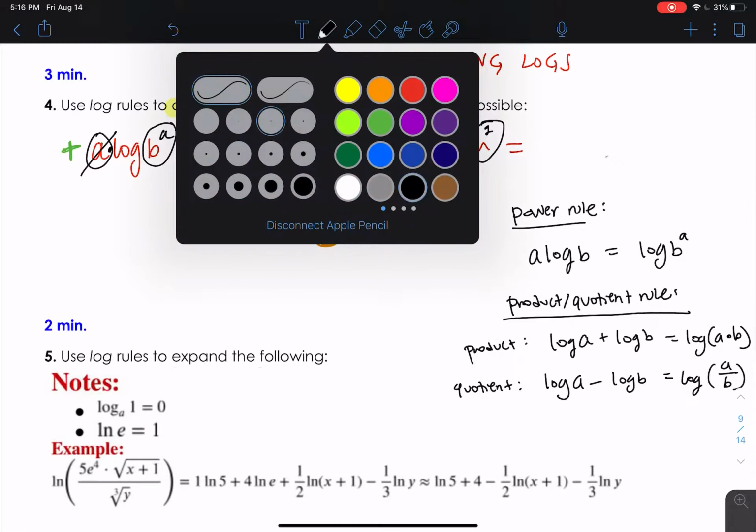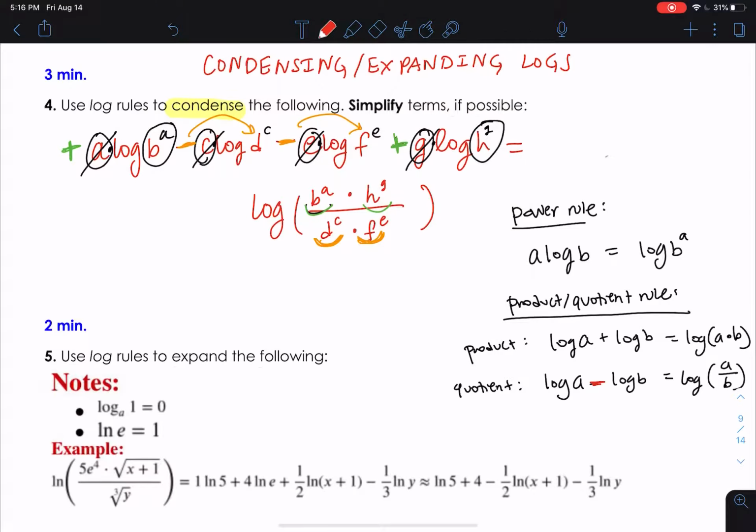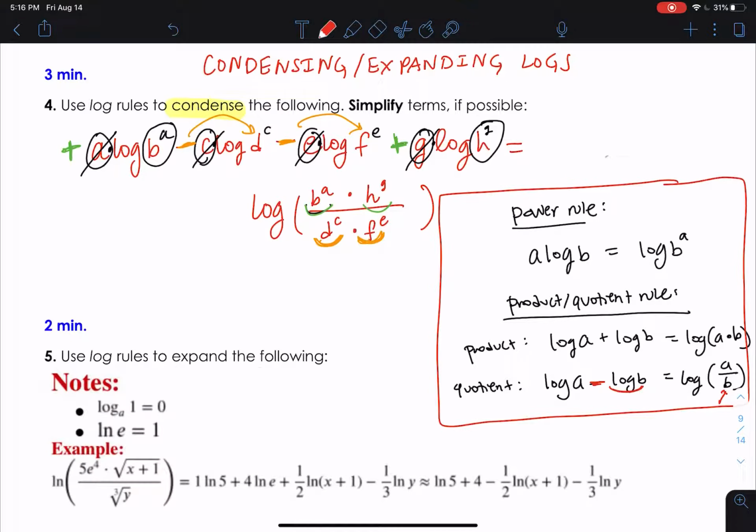Notice again that the guy with the negative in front of it, so this would be the log b, b would go to the denominator. And then my a belongs to a positive log, therefore a is in the numerator. So on the right side of our notes, you can see the 3 rules. But in this first example, you can see how they all mesh together at the same time.